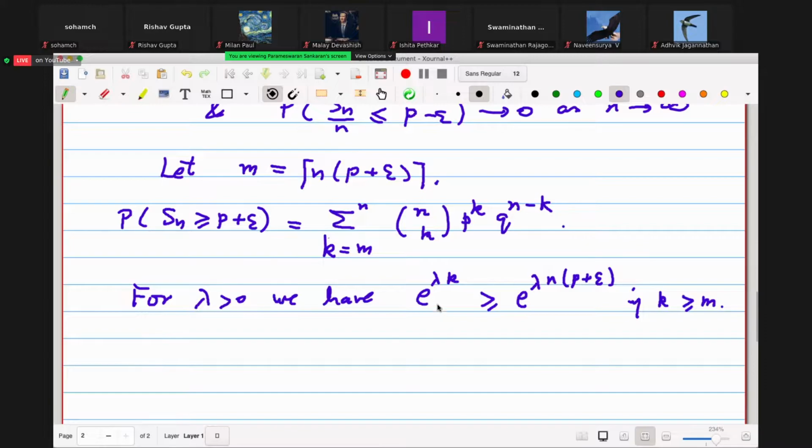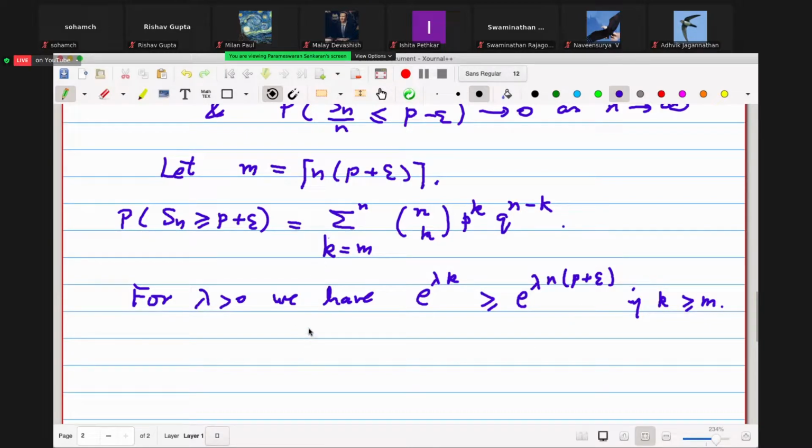Why so? Because e power x is bigger than or equal to e power y for lambda positive if x is bigger than or equal to y. So that's the thing that we are using here.